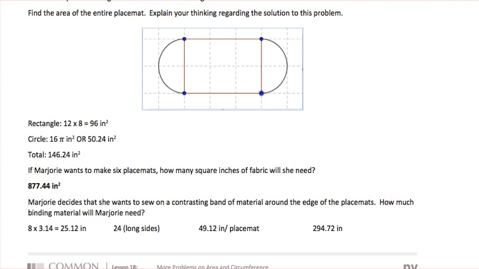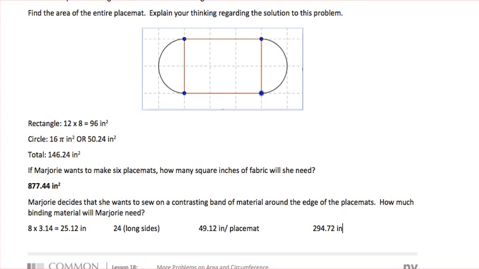Honestly, binding material is not sold in inches. It is sold in yards. So if we're going to go to the store, what we really need to do is convert 294.72 inches into yards. We do that by dividing by 36 inches in a yard.